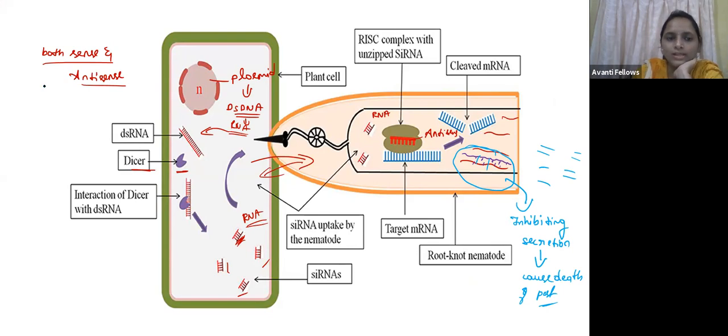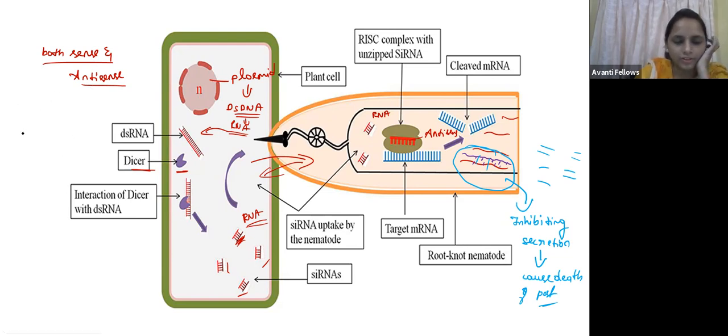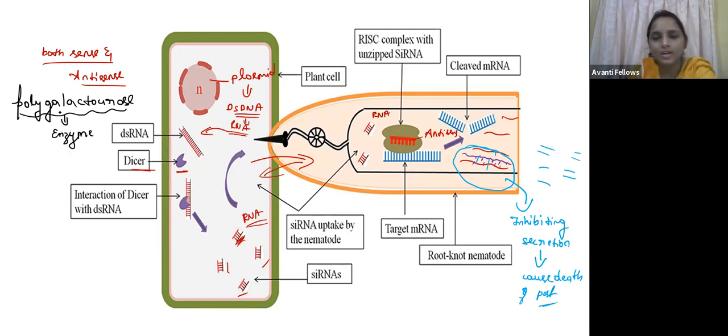So here what they are doing in the Flavr Savr is inhibiting the production of the polygalacturonase enzyme which is present in the tomato, which is responsible for the ripening of the tomato.